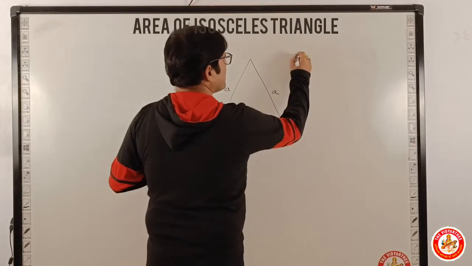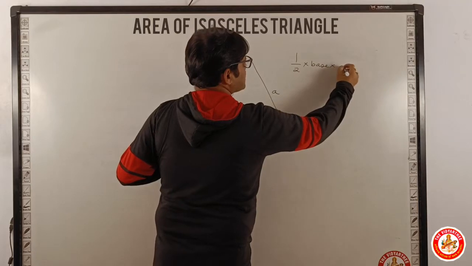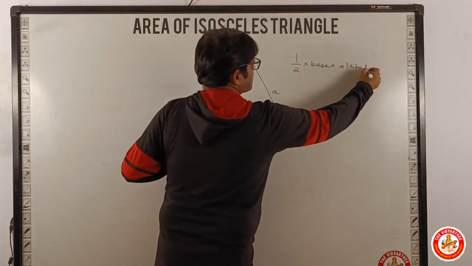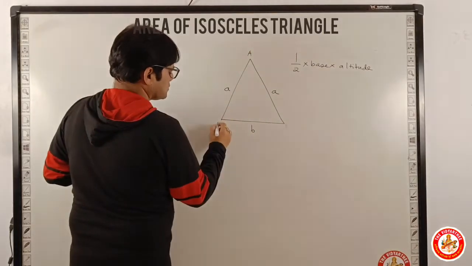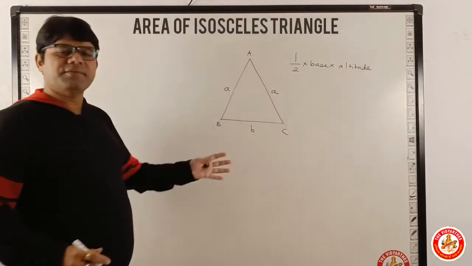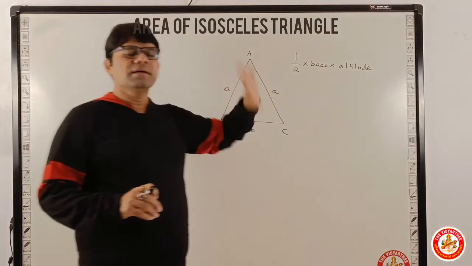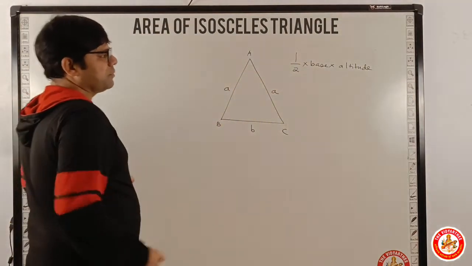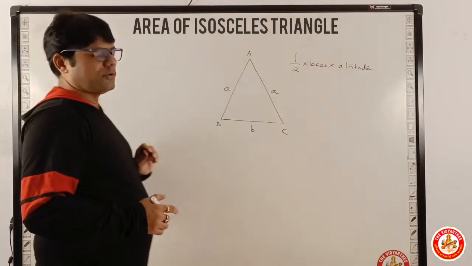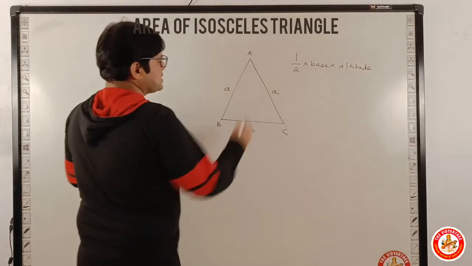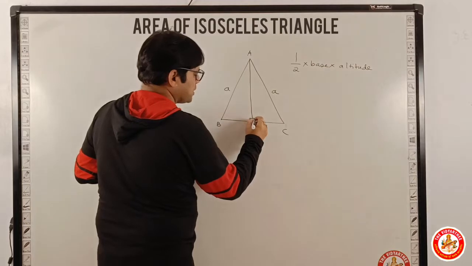So if you use the same formula, half into base into altitude for this triangle ABC, then we need to actually derive an equation which shows area on one side, and the right hand side will have the formula for this. So we will use only these parameters as the formula. Now we drop down a perpendicular.